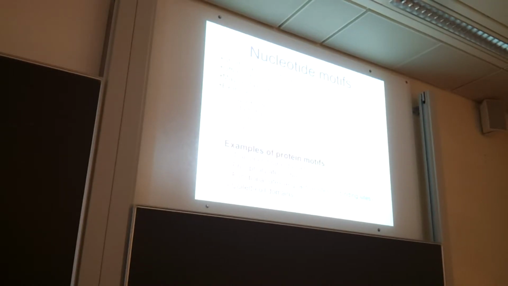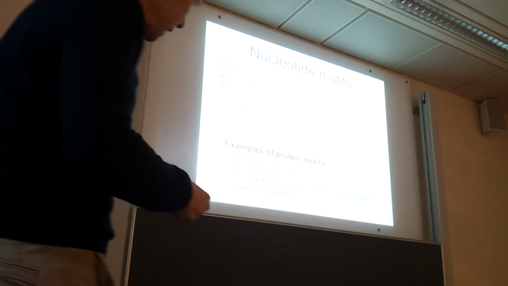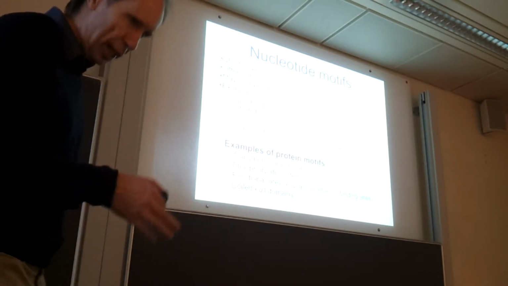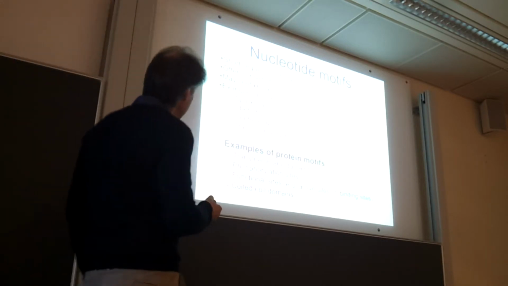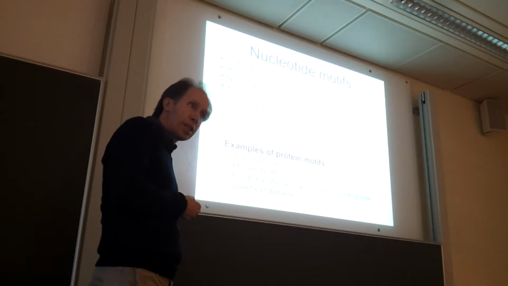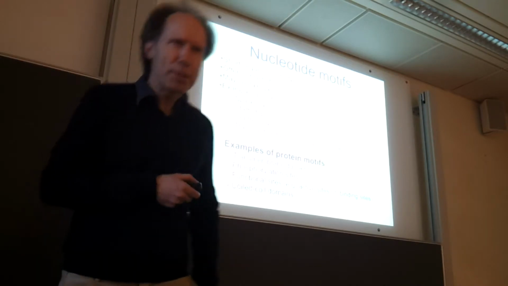Okay, we do most of this based on DNA, because fewer letters, easier to explain, and a lot of work is happening at the DNA, RNA level. So what are nucleotide motifs? Motifs that take place on DNA or RNA. They normally are very short, 5 to 16 letters, maybe 20.